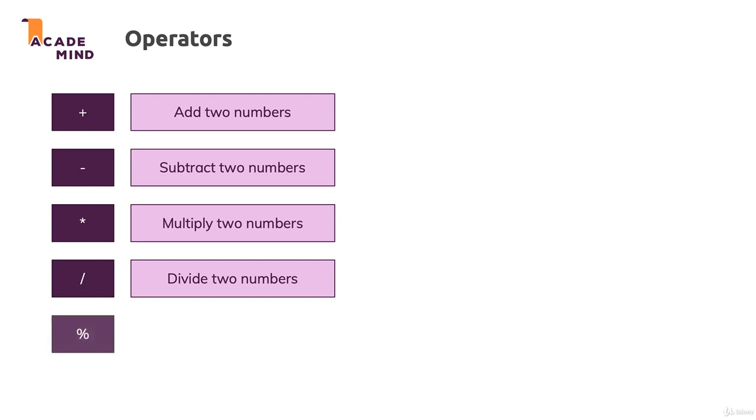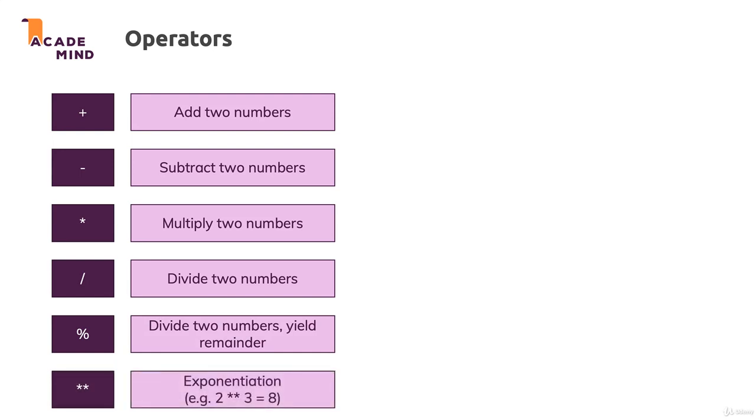There also is a modulus operator, the percentage sign, which divides two numbers but doesn't return the result of the division, but the remainder, so the part that remains if a clean division without a decimal value as a result isn't possible. And there also is the exponentiation operator, which allows you to, well, use exponentiation on a number. Now, these are the mathematical operators, which you typically also know from math. There also are other operators in JavaScript, like the assignment operator, which we already used to assign a value to a variable, the equal sign.